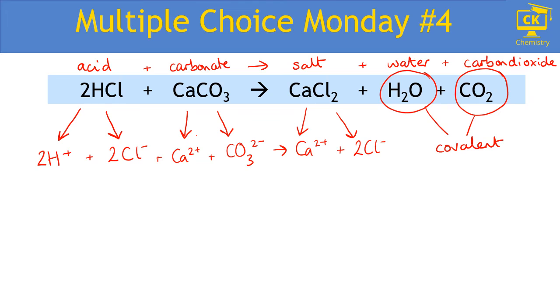So now when I look at each side, what I should see is that I have some ions that are changing and some that are staying the same. So if I look at my calcium ions over here, they're not really doing anything. They are calcium ions on the left and they're still calcium ions on the right. Their bonding hasn't changed. And my chloride ions also have not changed.